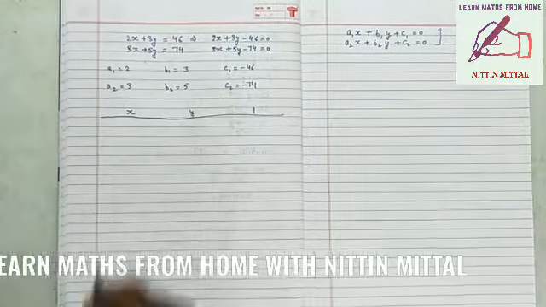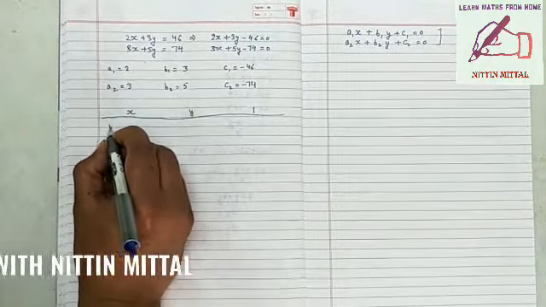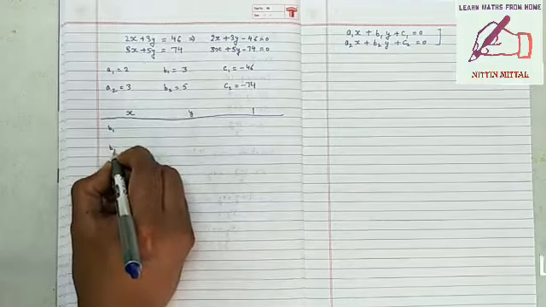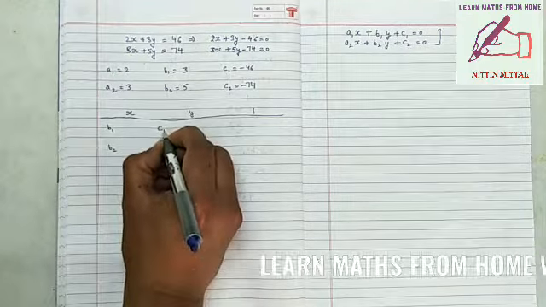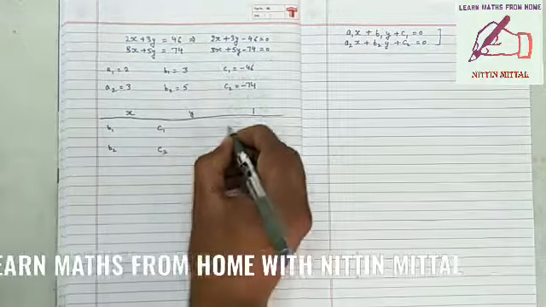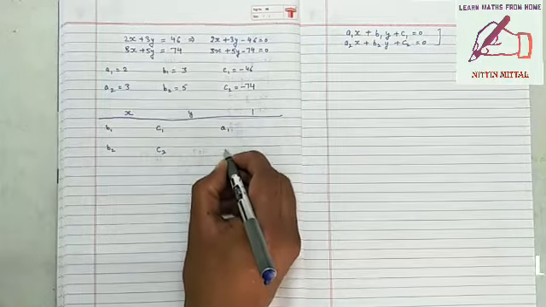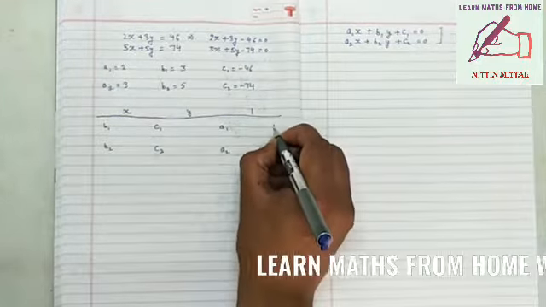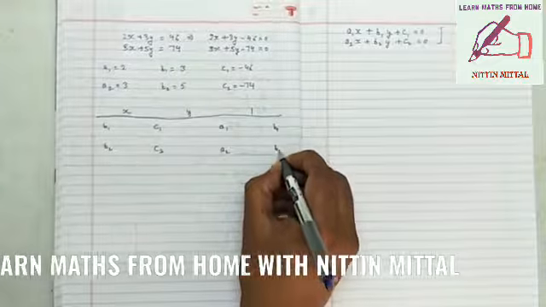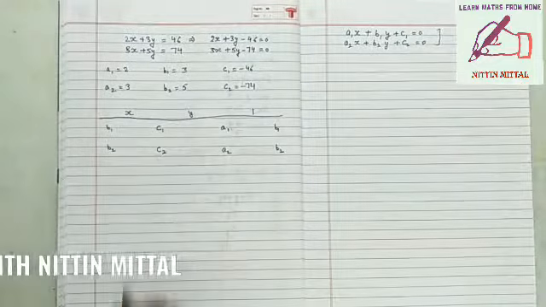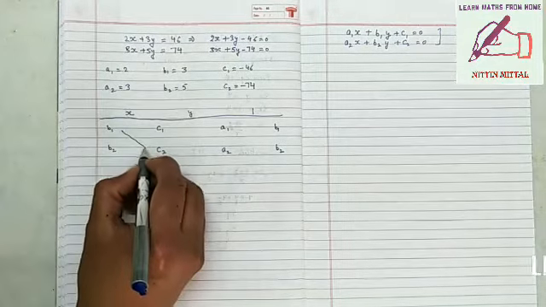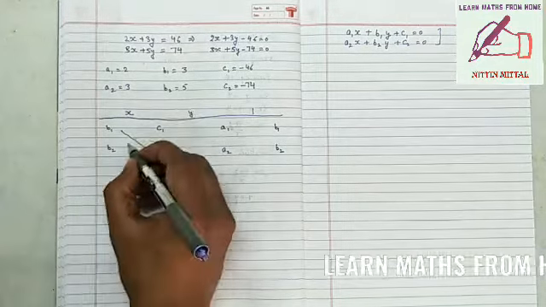Now under this we have to write b1 b2, c1 c2, a1 a2, b1 b2, and you have to put the crosses like this, starting from the upper left every time.